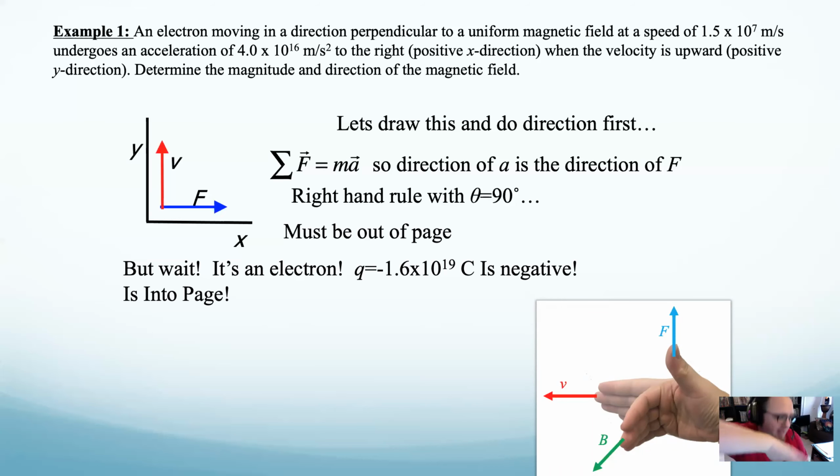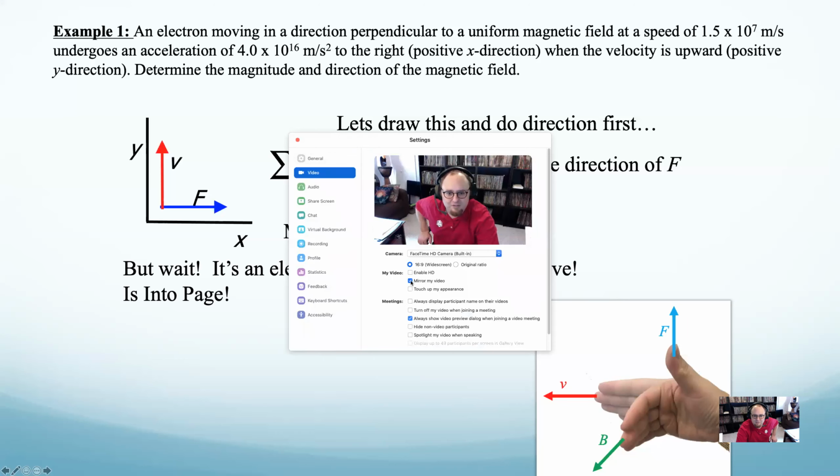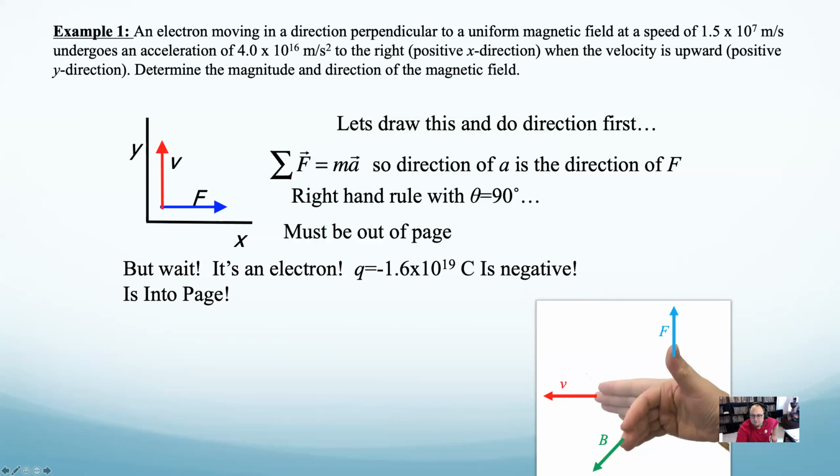I'm going to have to stand up for this. So V's down. My F I want to be to the right. I'm going to see if I can make this stop mirroring me so that you see me as backwards as I see it, because what happens is it mirrors my video, which throws it off.